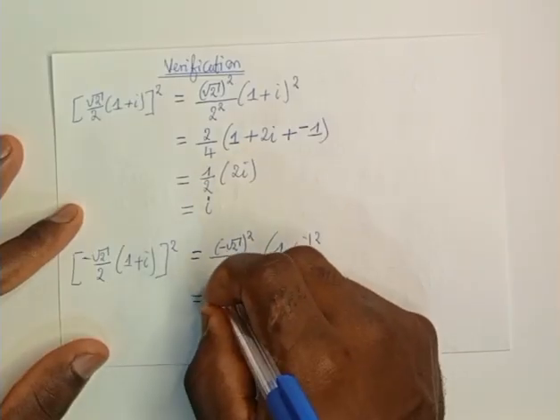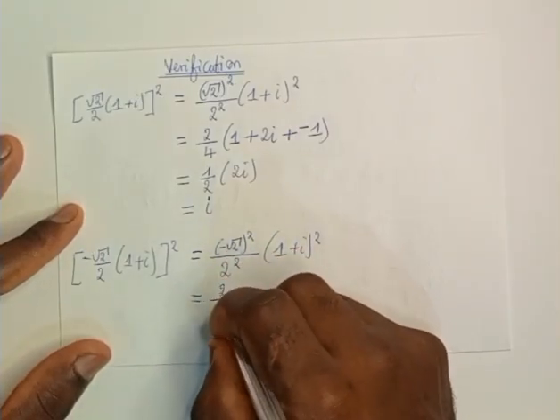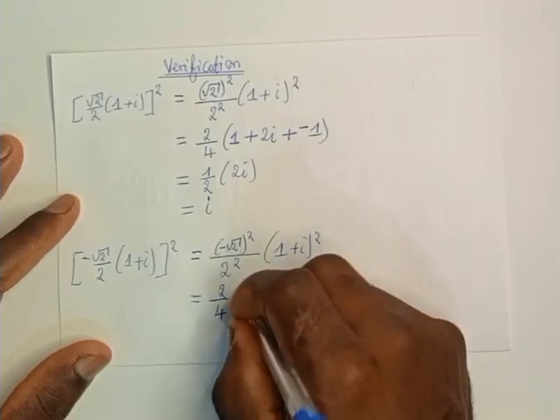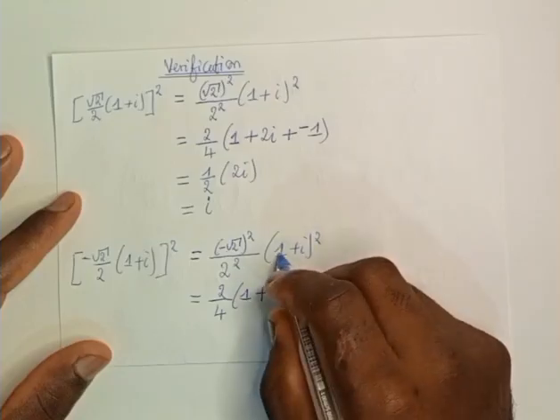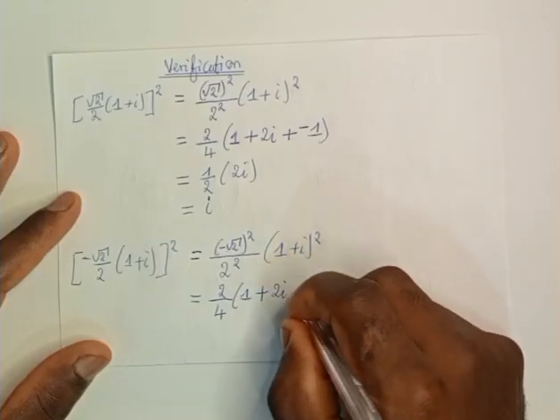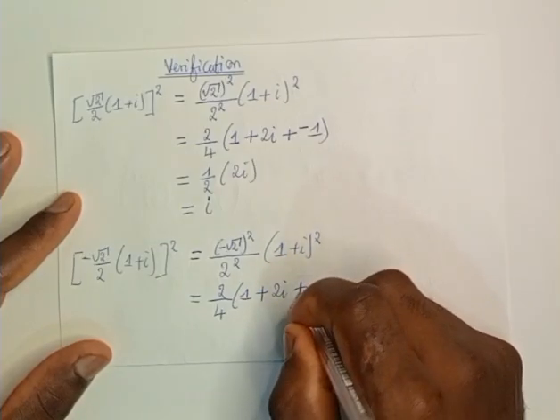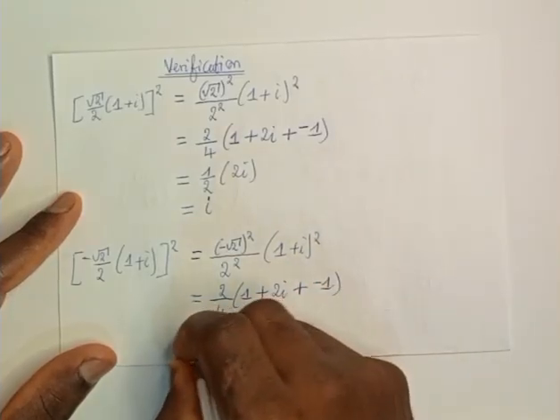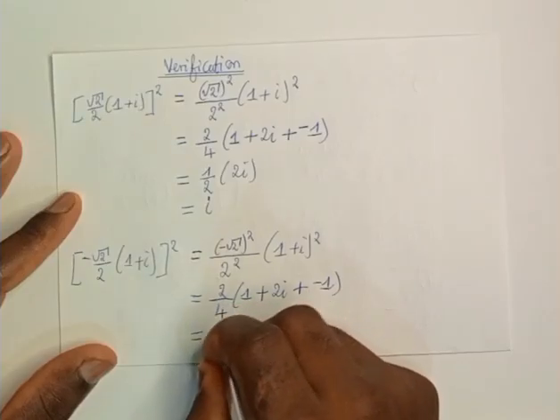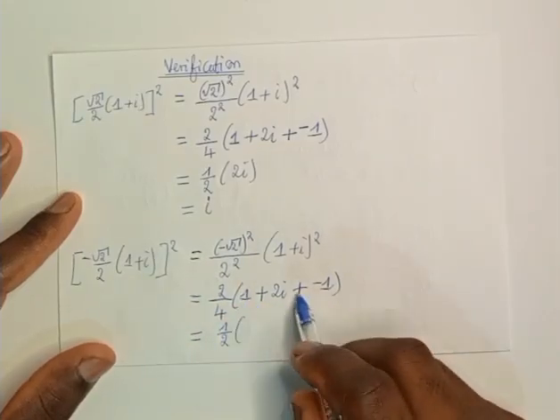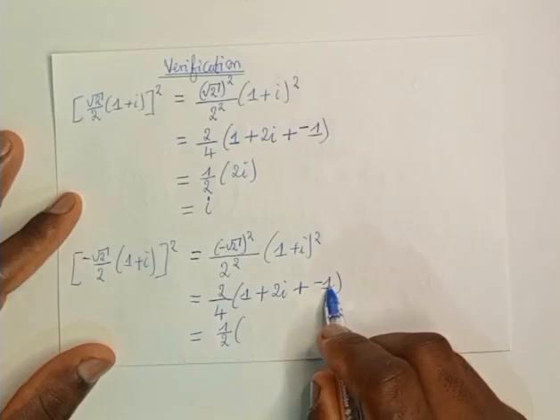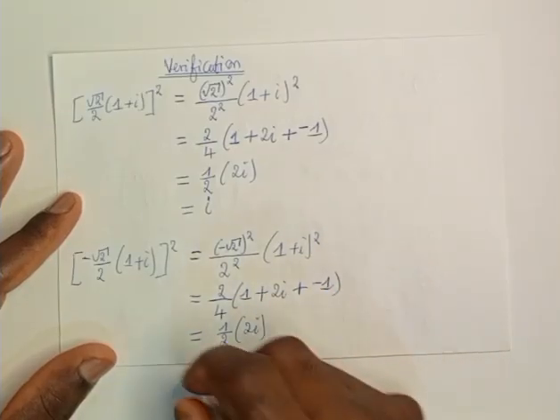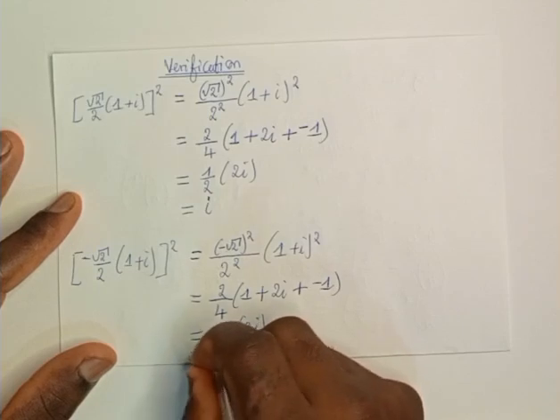It gives us 2 all over 2 squared gives 4 times 1 plus i squared. 1 squared gives us 1 plus 2 times 1 times i, 2i, plus i squared, which is negative 1. This will simply be equal to a half times 1 plus negative 1 gives 0 plus 2i. A half times 2i is simply equal to i.